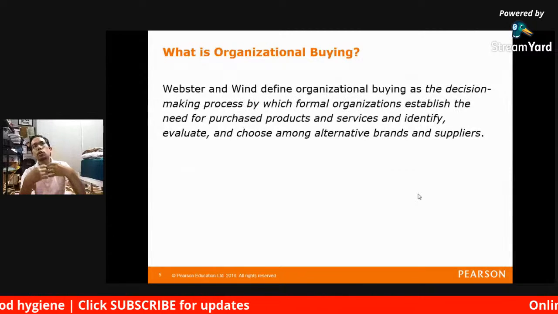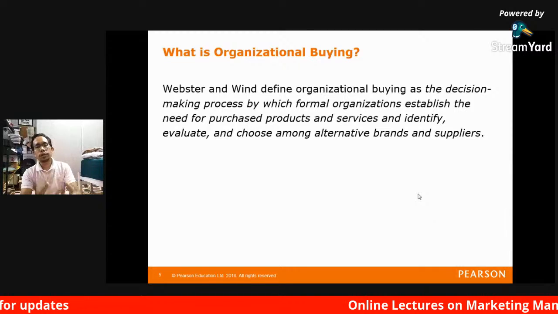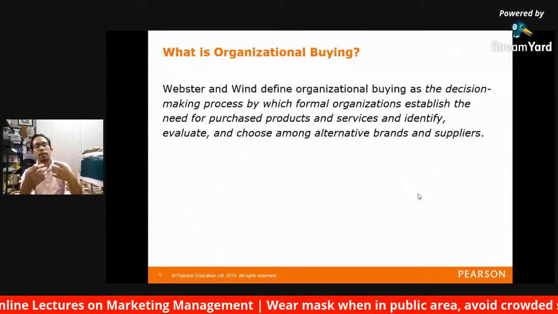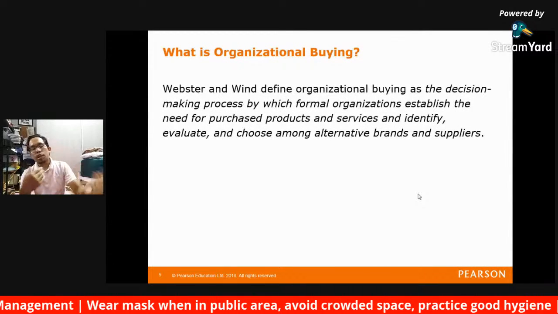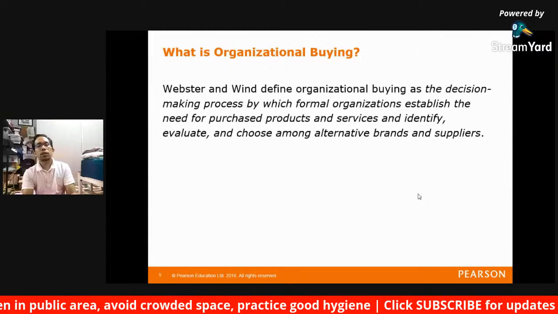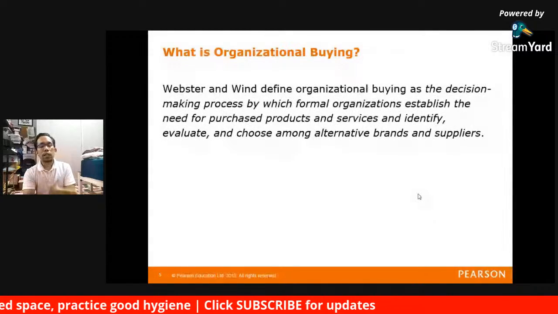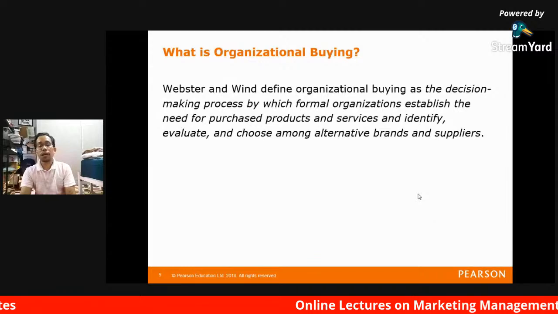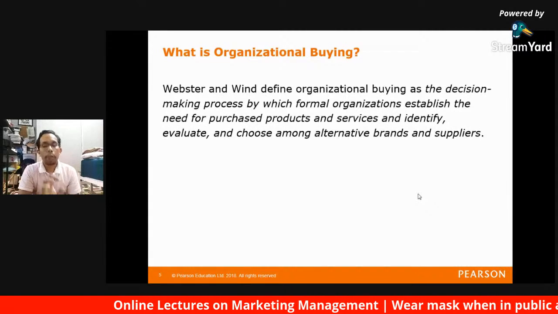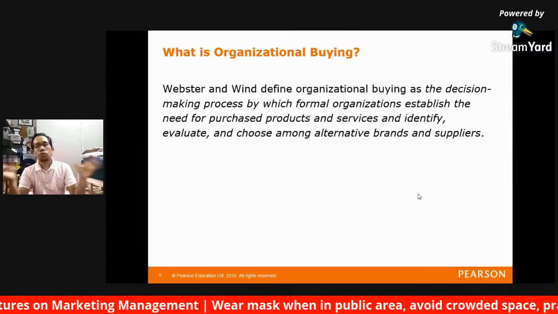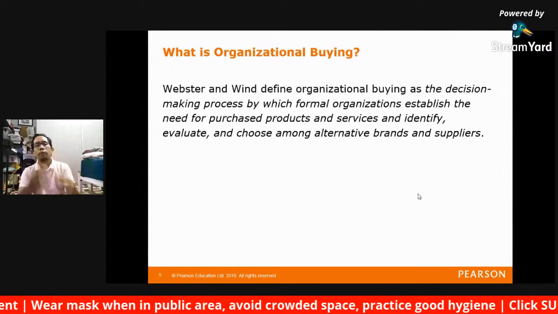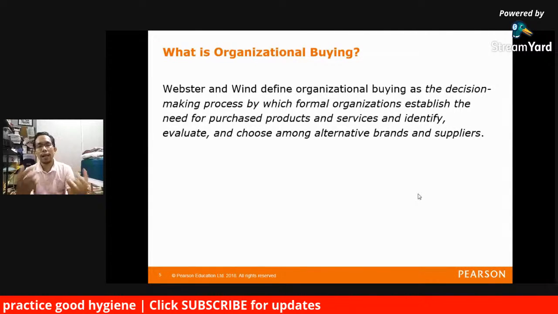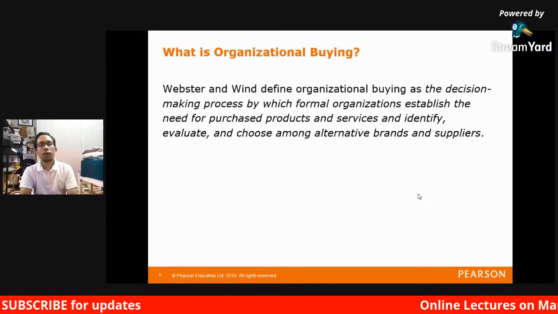Formally established means you must create a committee to consider the specification, the routine, the selection of the supplier, the evaluation of proposals. It requires technical expertise, a person who knows the process, a person who disburses the payment, any aspect of the decision-making process should be in one committee and formally appointed. It must be formally appointed, not only one head thinking of the decision.